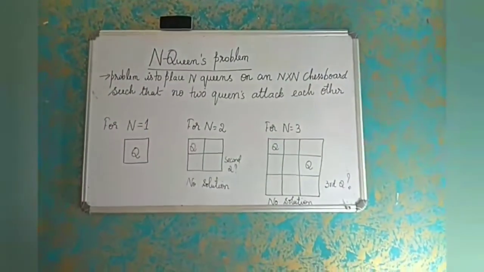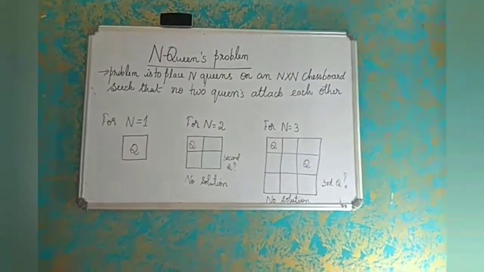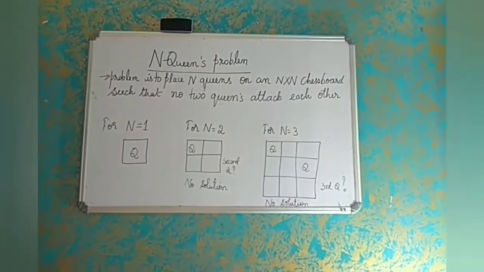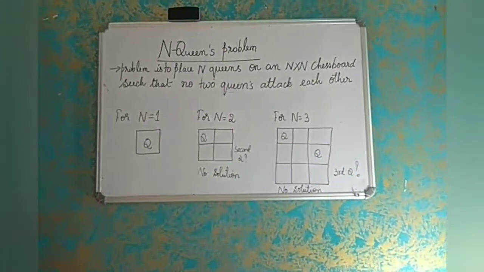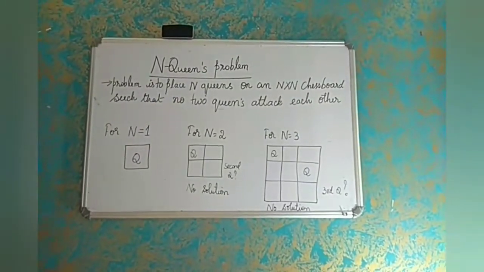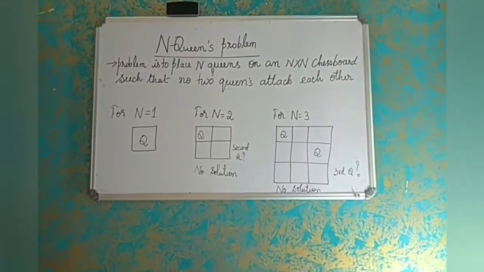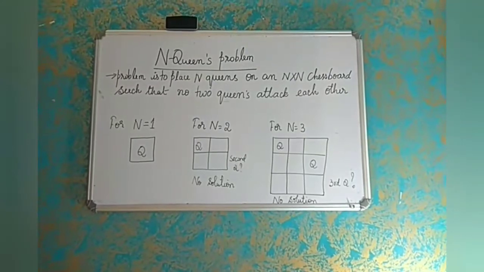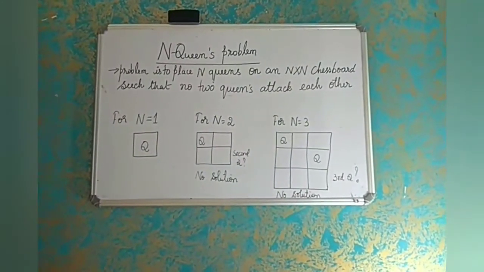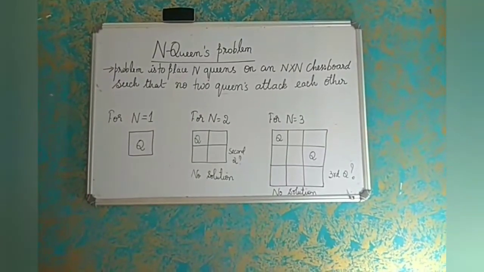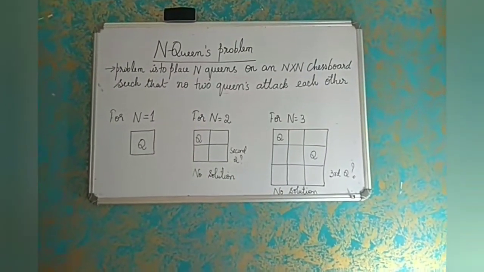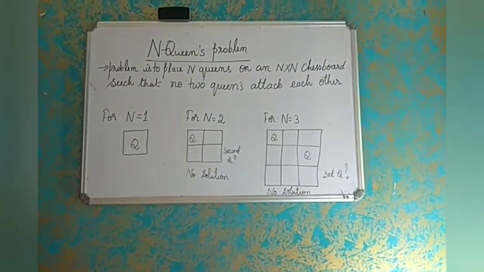Here, no two queens attacking each other doesn't make any sense, because there is only one queen and only one box inside the chessboard. It is 1 cross 1, only one row, one column. So the solution is trivial. Inside the box you can directly keep the queen.